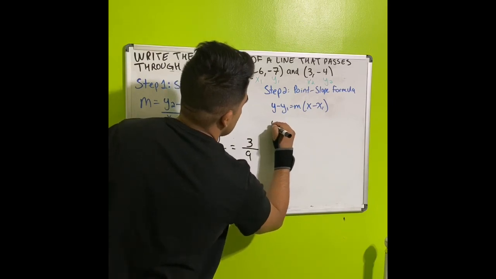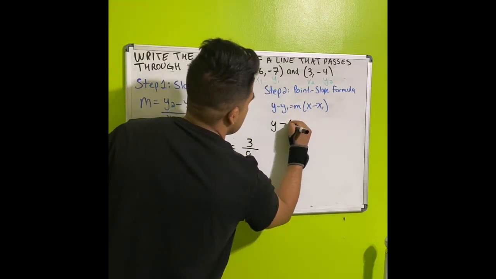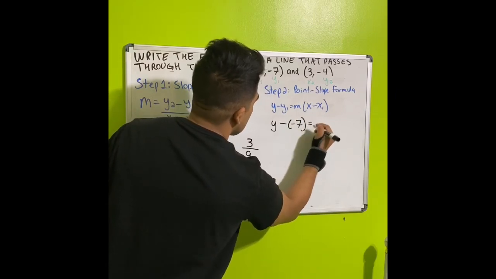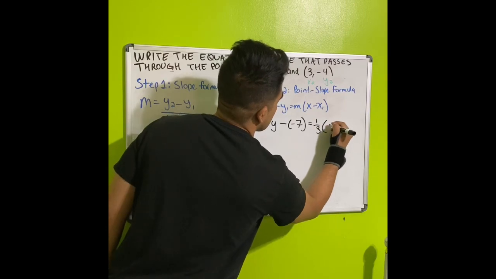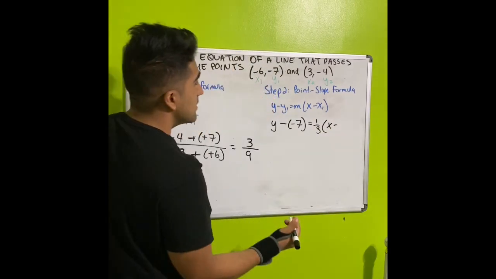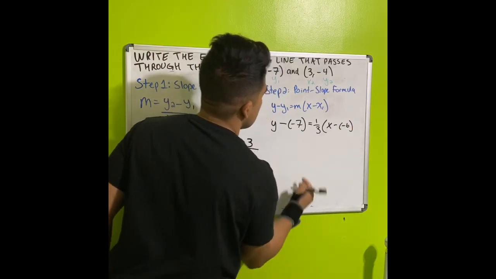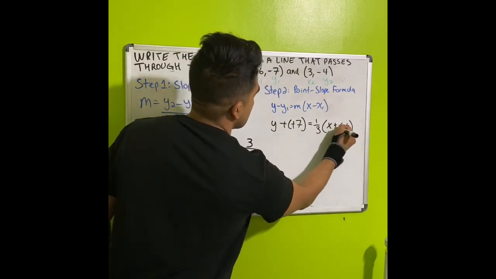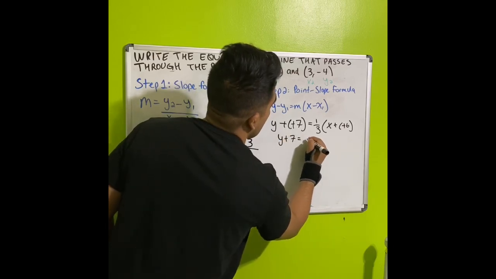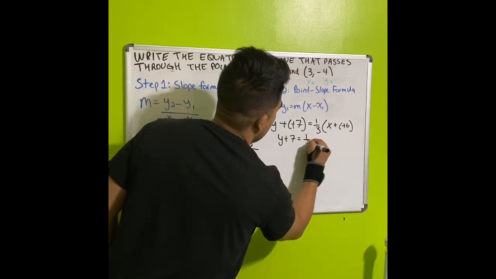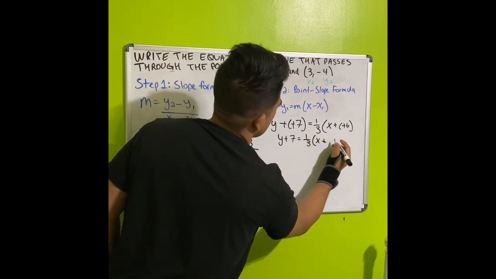So I'm going to have y minus y sub 1, my y sub 1 is negative 7, equals, my m is 1/3, that's my slope, times the quantity x minus x sub 1. X sub 1 is negative 6. Be careful of your double negatives. So I have y plus 7 equals 1/3 times the quantity x plus 6.